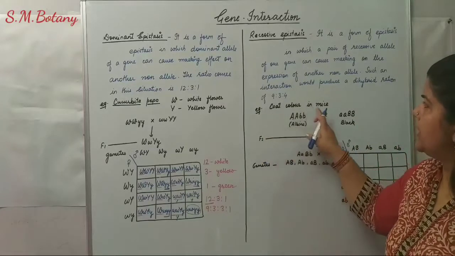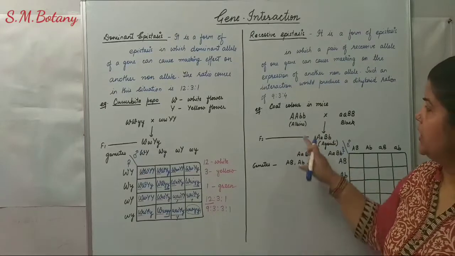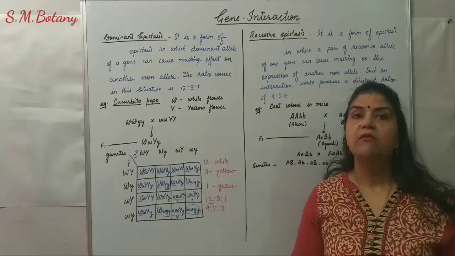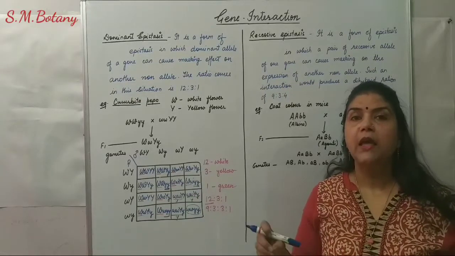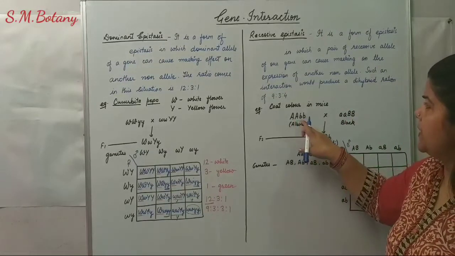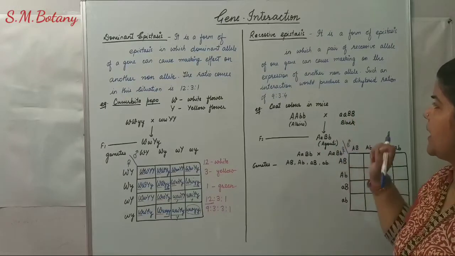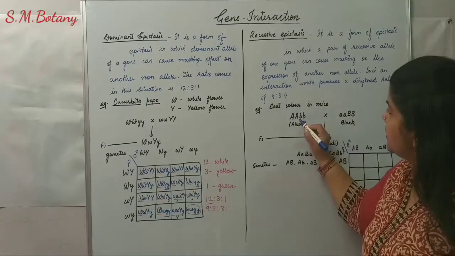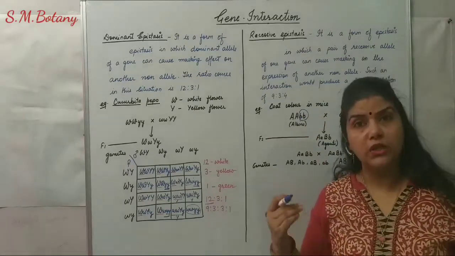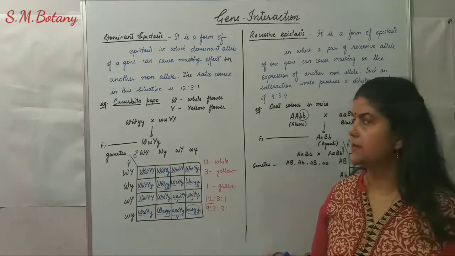Example is coat color in mice. When we make a cross between albino and black color mice, albino means pure white. The alleles are capital A, small b, small b, and here the alleles are small a, capital B, capital B. Here the role of small b is very important because this allele shows recessive epistasis.